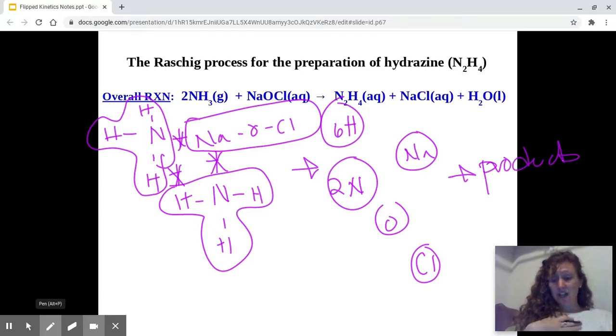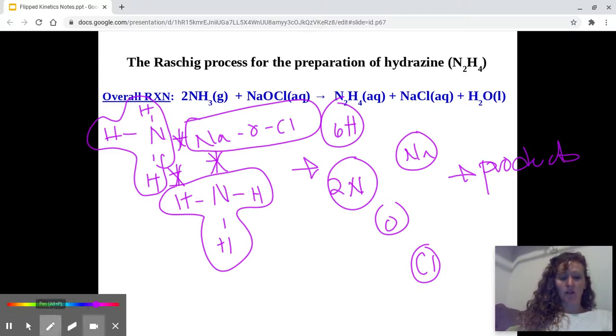So what I've just done is I've just proposed a mechanism to you. My mechanism is that I go from my reactants to all my atoms to my product molecules. But does that actually happen? Maybe not. Maybe instead of going to all of the atoms, let's see, what could possibly happen?